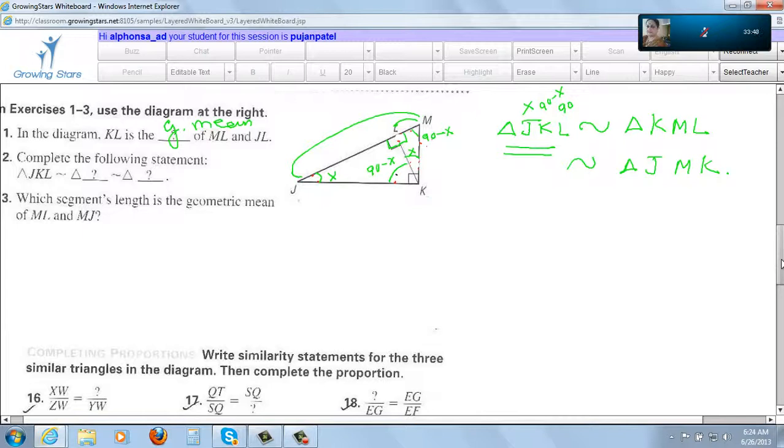For that, you go for the altitude which is adjacent to ML, because ML is the segment over here. So the altitude which is next.